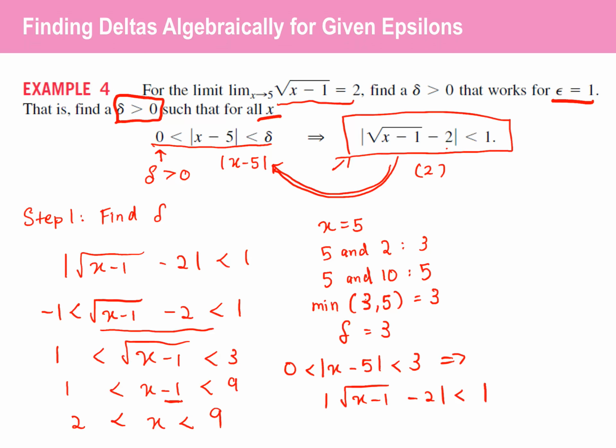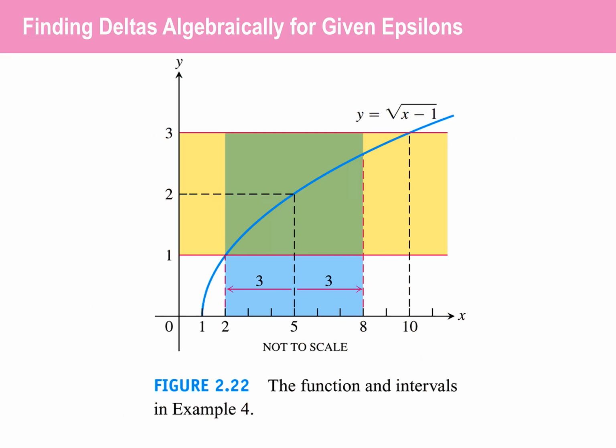Some of you have asked me, why do we choose 3 instead of 5? This can be seen in the graphical illustration. Here we have chosen 3. So what if we chose 5?